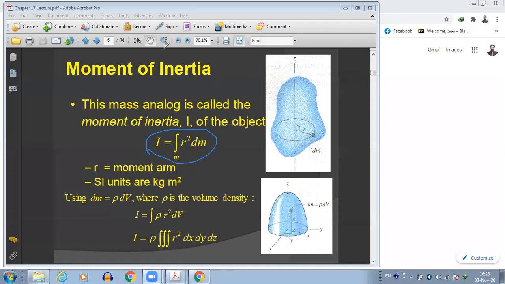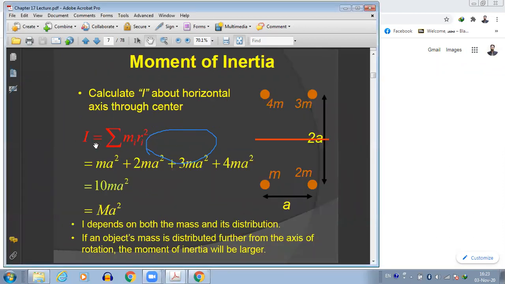But if we want to write it in the discrete format, we are going to write it as I equals summation of m_i r_i squared. I don't know whether you have the concept of the relationship between summation and integration.